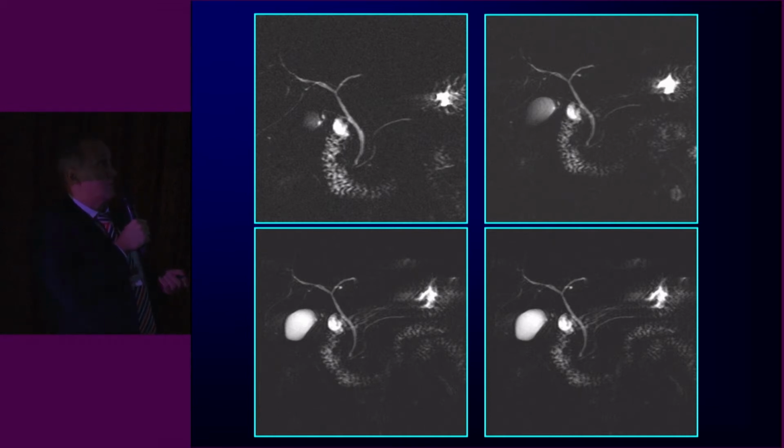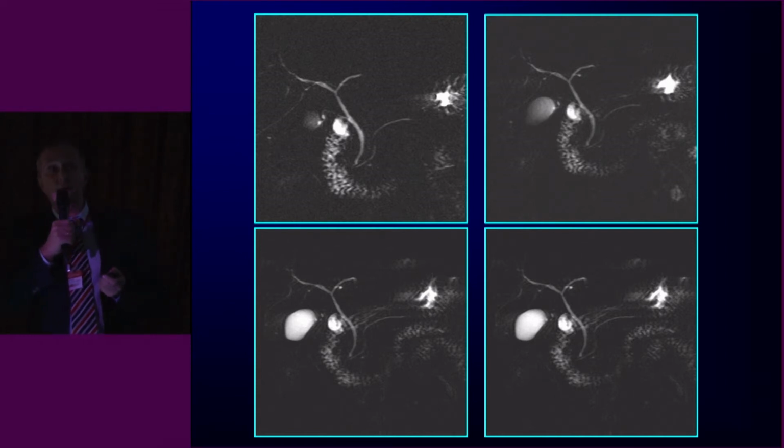You can see sections showing the organs. Here you see the duct. You can get a paraductal cyst with a size of 2 millimeters. It's just fantastic.